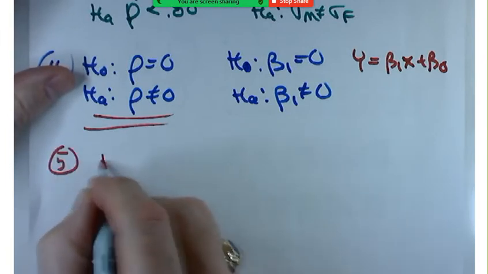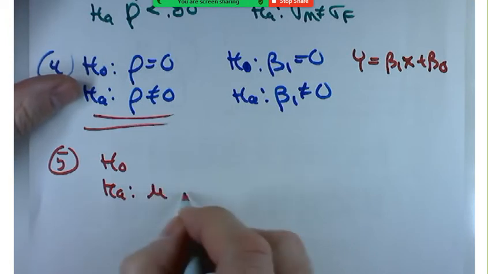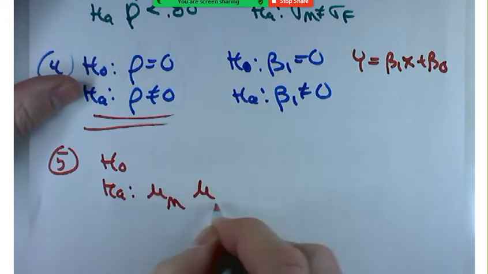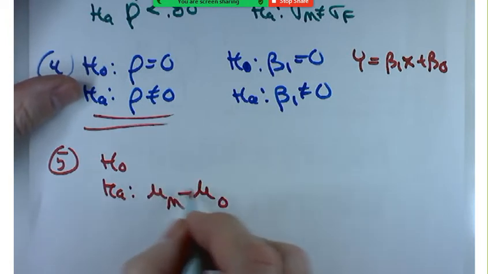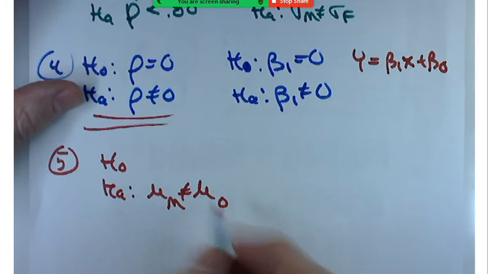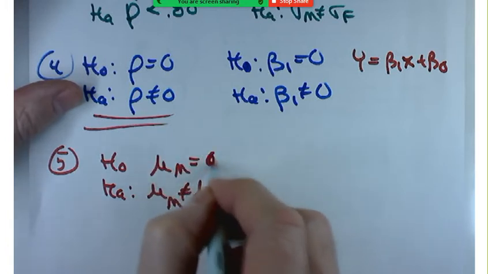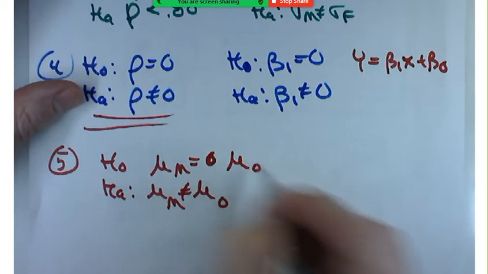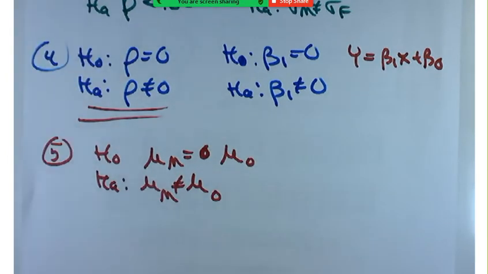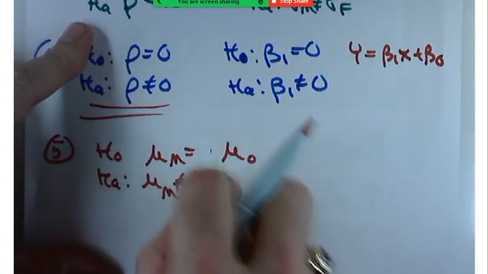H sub 0, H sub A. If they're different, then that would be this kind of a hypothesis: mu sub M not equal to mu sub O. And then the null hypothesis would be that mu sub M equals mu sub O. So, there.